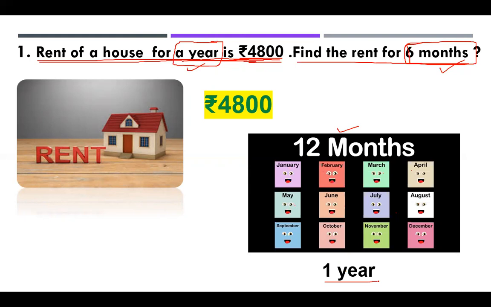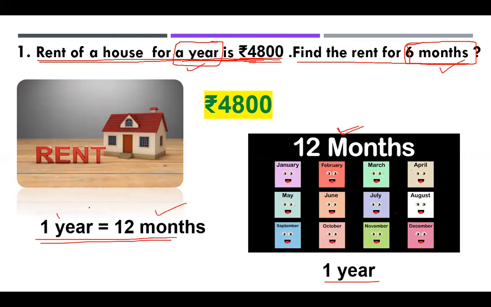So when you have a question in years and you need to find in months, you can use the relationship between year and months. So with the help of the relationship, we got to know that 1 year is equal to 12 months, and 12 months makes 1 year. So we will use this relationship in these questions.